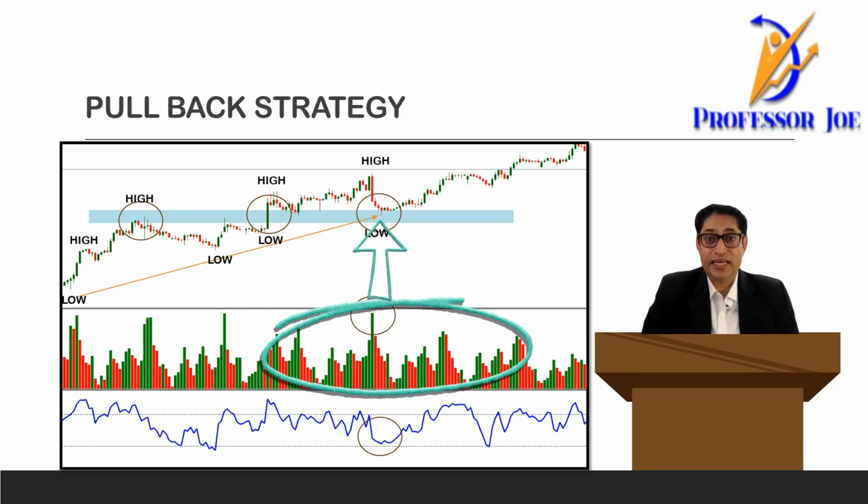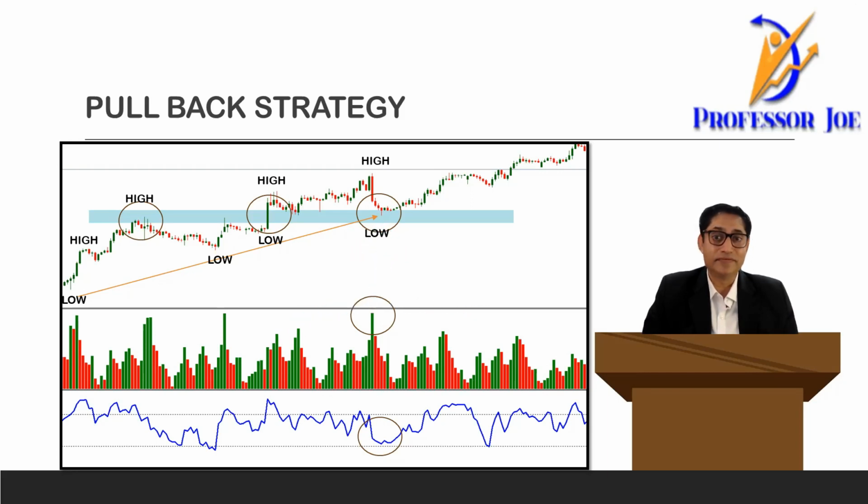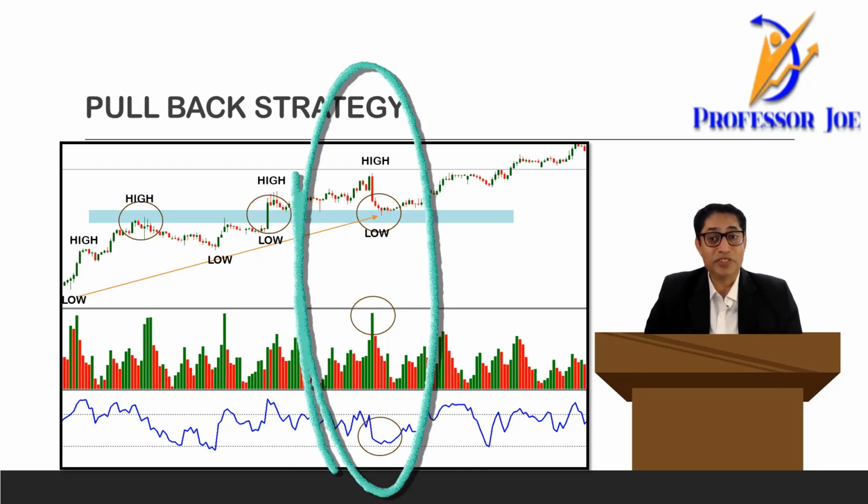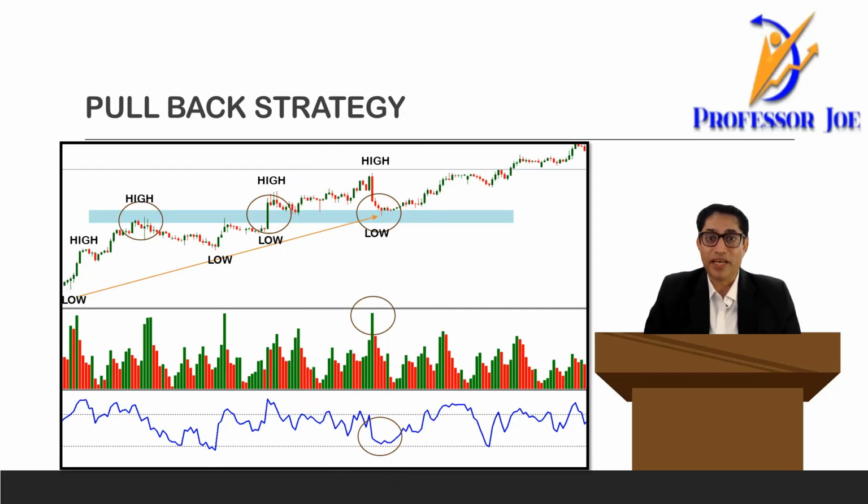You can see that the volumes are high where the bullish candlestick pattern is there. You can also see that the RSI has reached the oversold position. And when you see all these things coming together, you can go for your buy trade by infusing 1% or 2%. This is how simple it is to trade a pullback strategy.